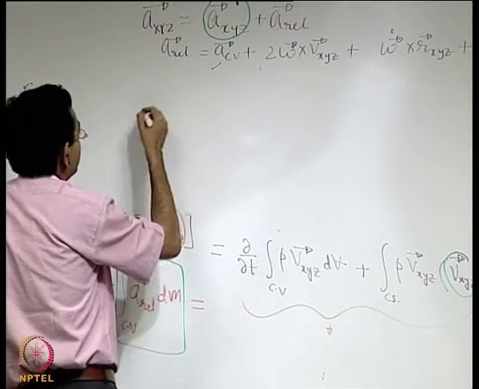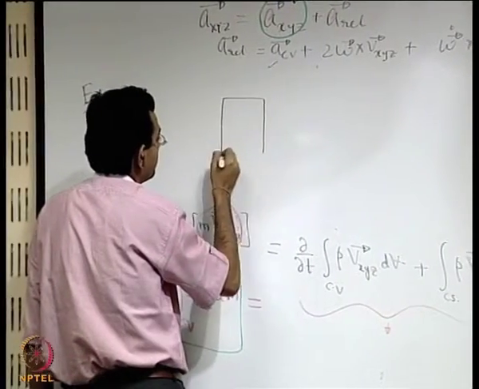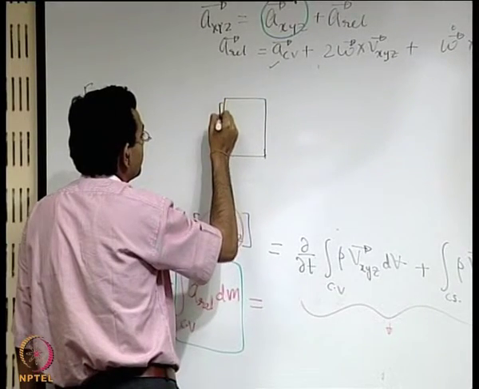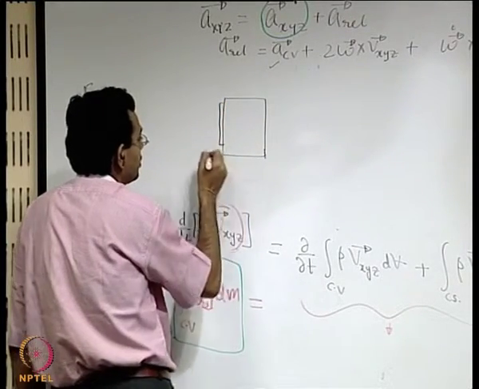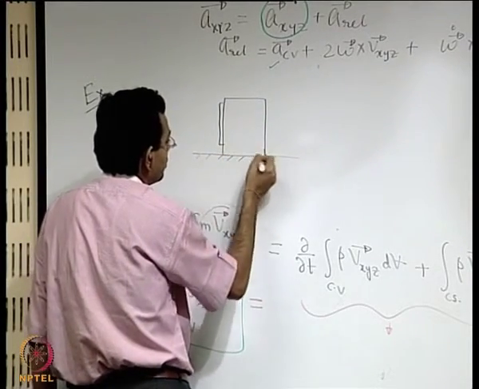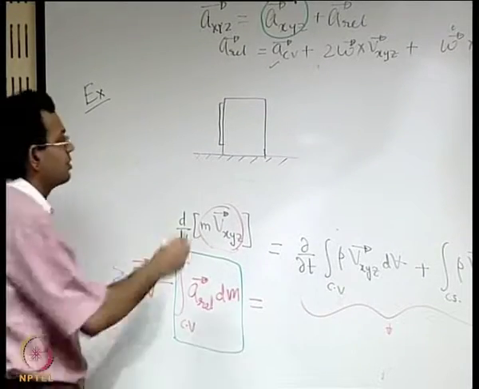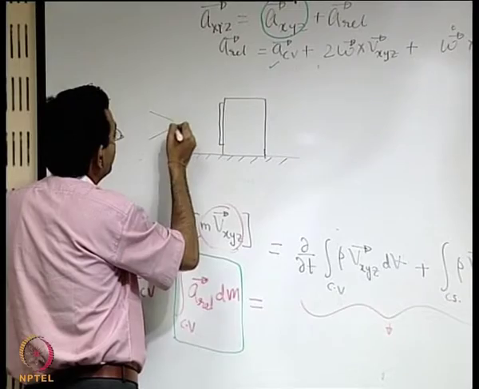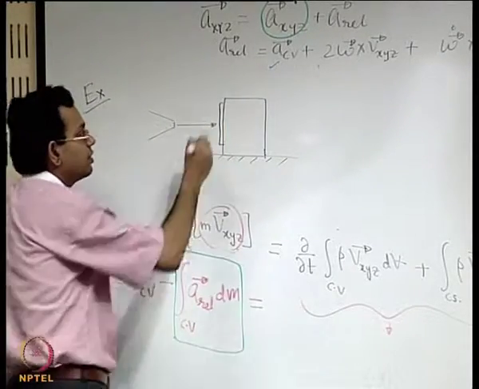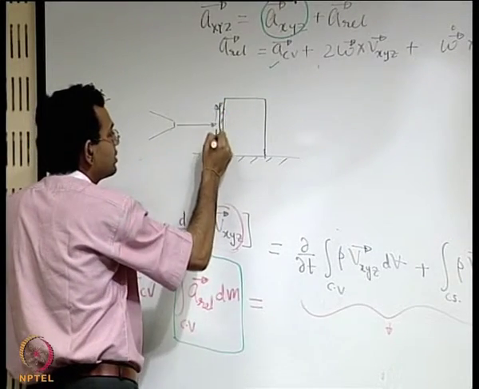Let us say that there is a block which is moving on a surface, or which may move on a surface. From a nozzle a water jet comes, strikes this one and gets deflected in the two sides.